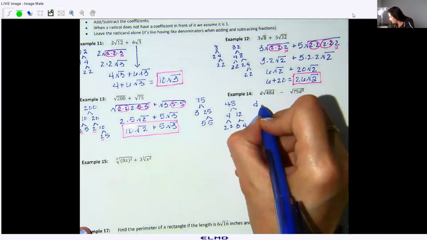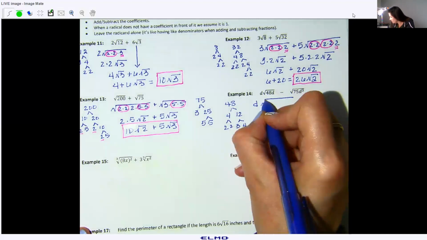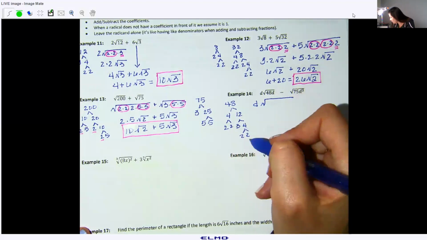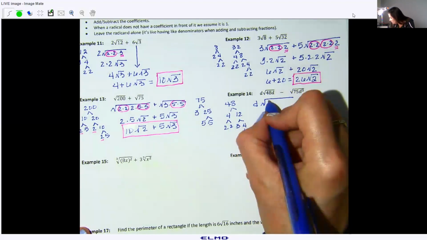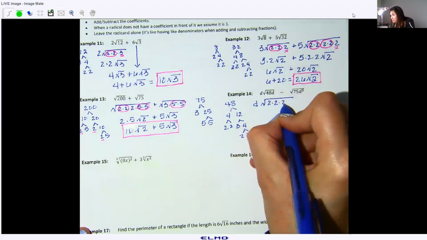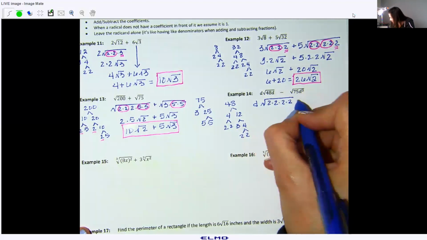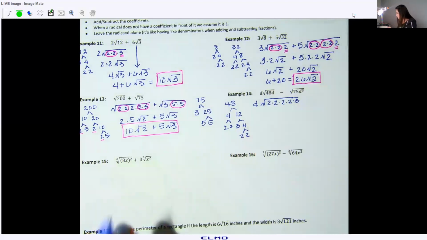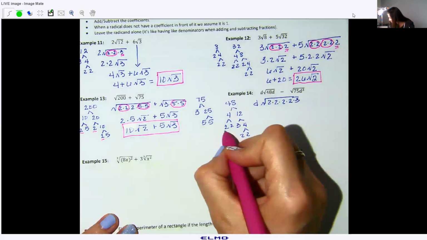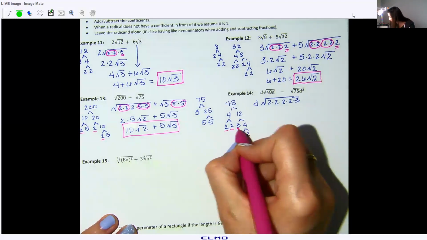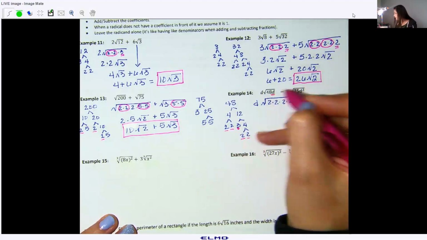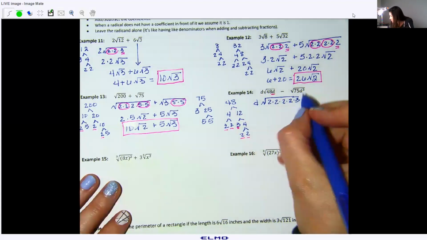D square root of, so 48, we had 1, 2, 3, 4 2s. And 1, 3. Make sure that's right. 1, 2, 3, 4, 1, 3. And then we cannot forget this D on the inside. Okay.